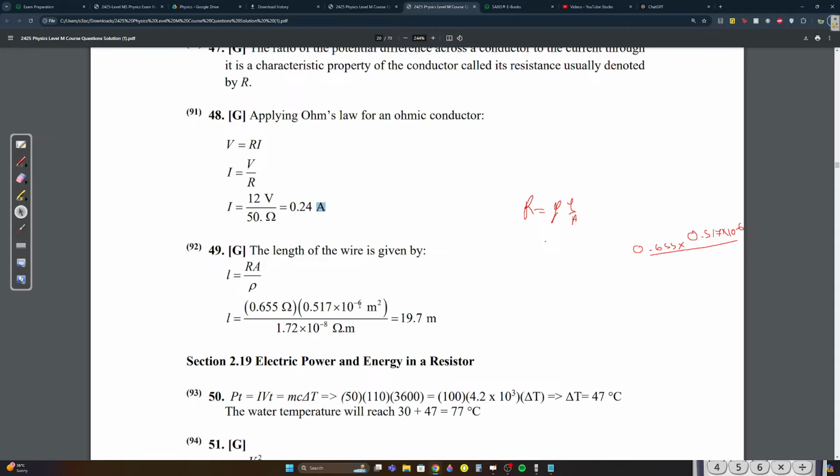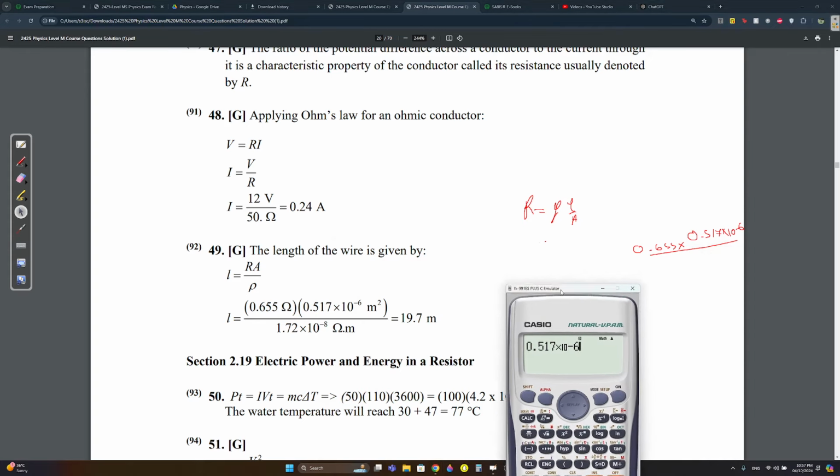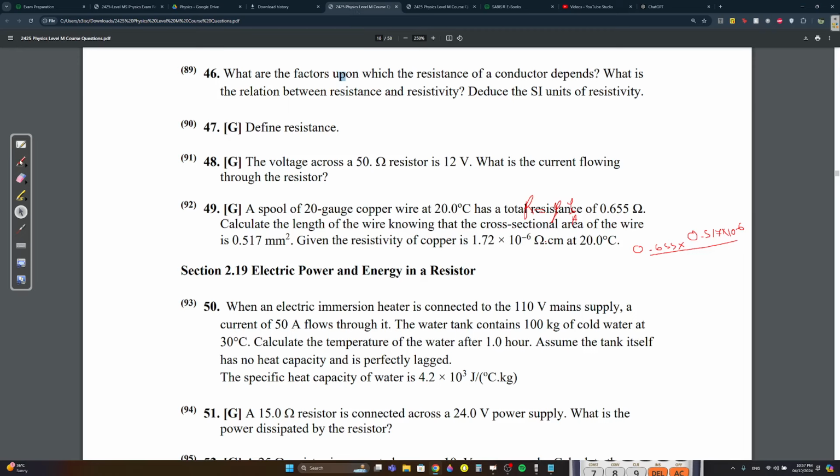Oh my god, I just realized that the unit of resistivity is ohm times meter, not ohm divided by meter. Okay, that makes way more sense. So 1.72 times 10 to the minus 6 ohm centimeter.